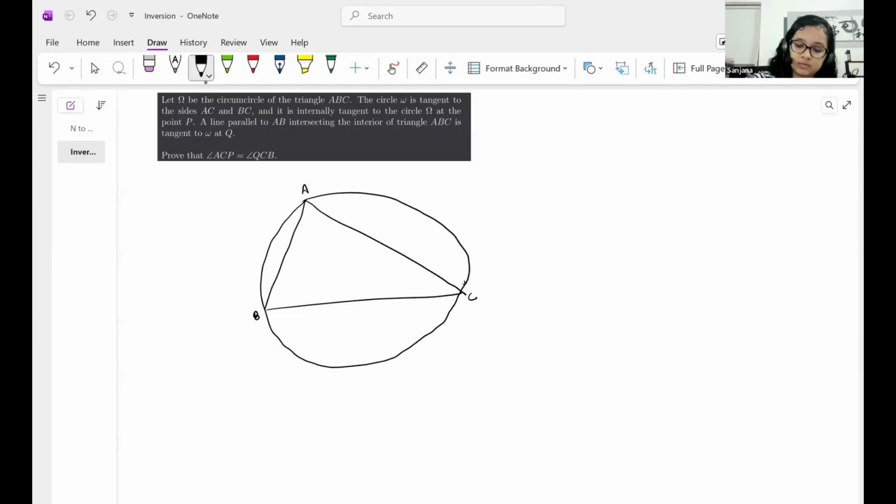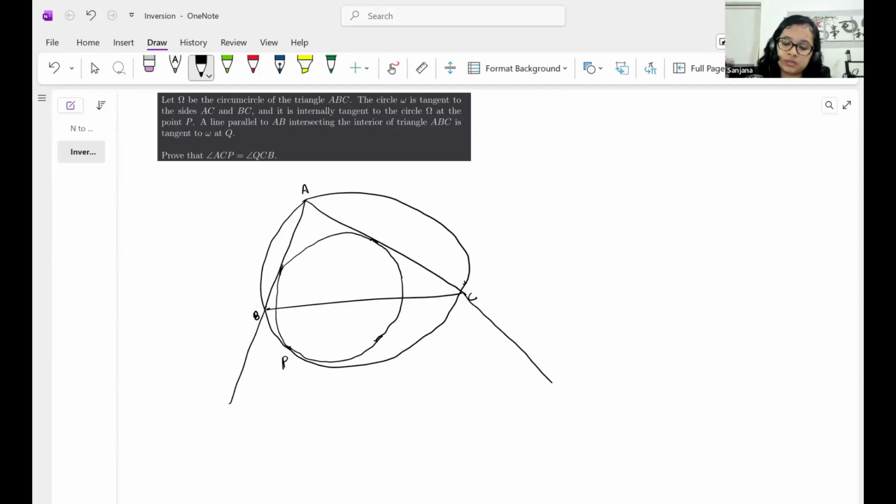So we have this tangent circle, and the first step would be to figure out where this maps to.